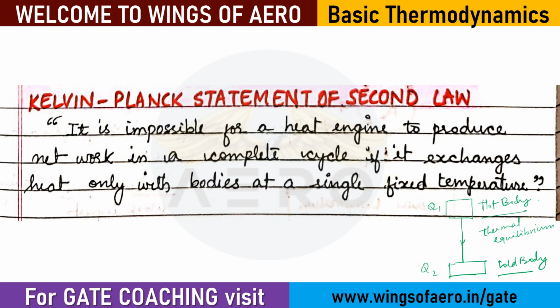That means Q net equals W net, as we considered there, which is not actually possible with a single fixed body. That is the concept behind the Kelvin-Planck statement of the second law of thermodynamics. Clear?